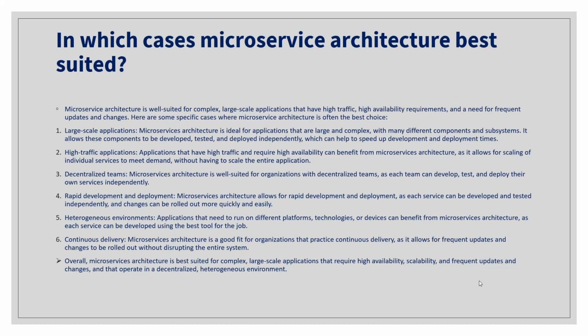Large-scale applications: microservices architecture is ideal for applications that are large and complex with many different components and subsystems. It allows these components to be developed, tested, and deployed independently, which can help to speed up development time.